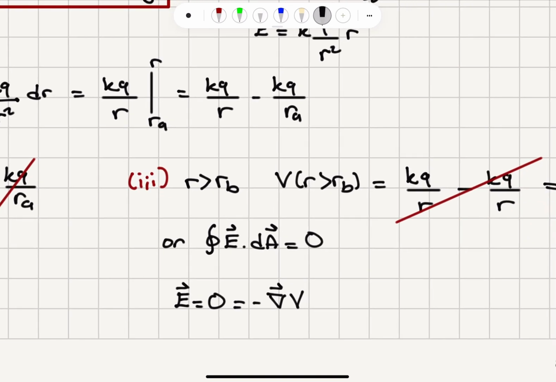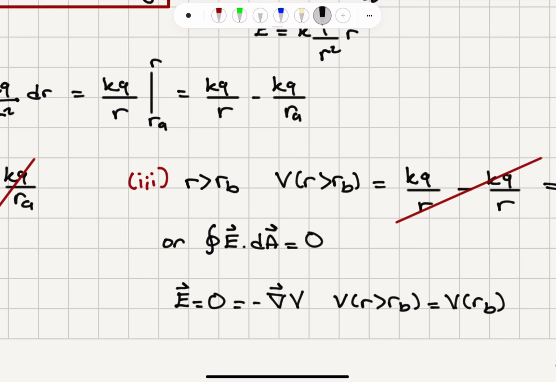Therefore, the potential at R greater than RB must be equal to the potential at R equals RB.